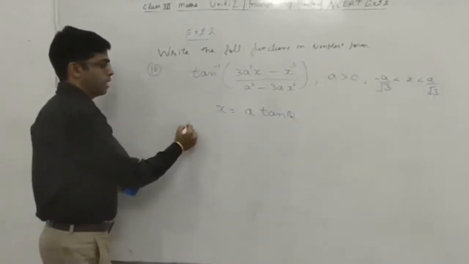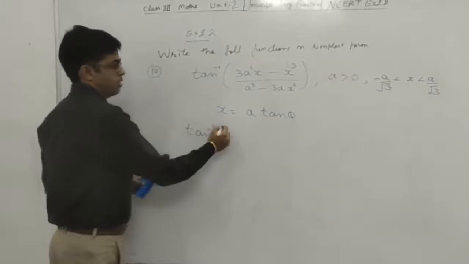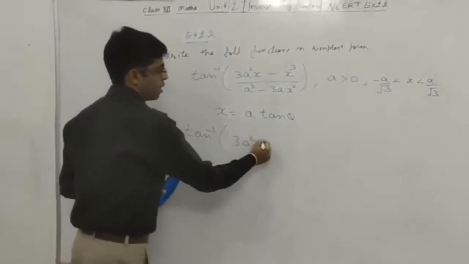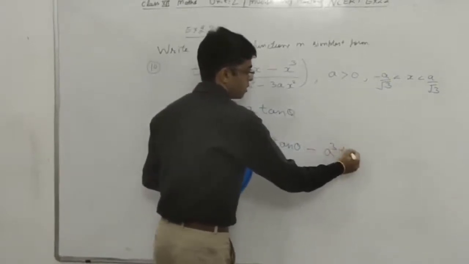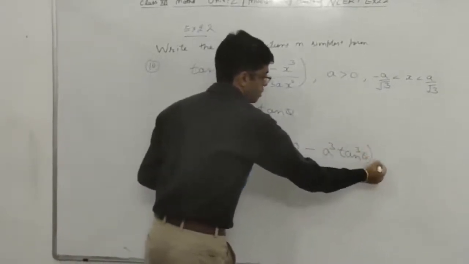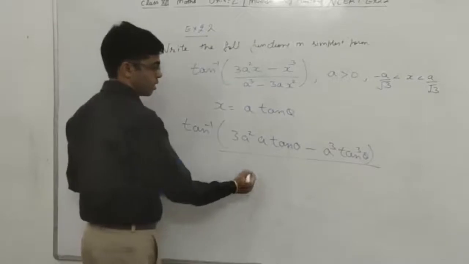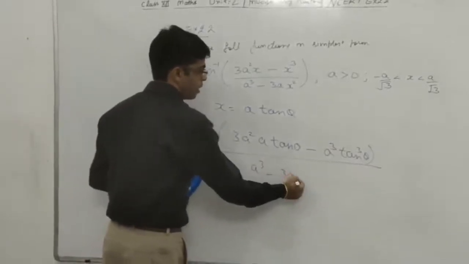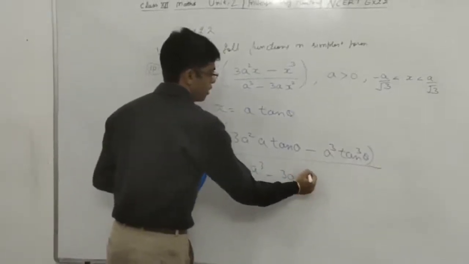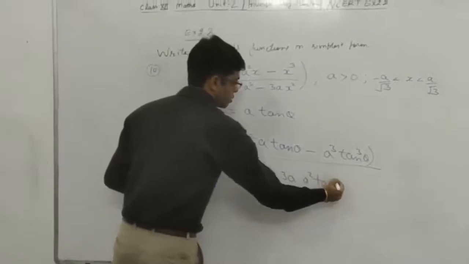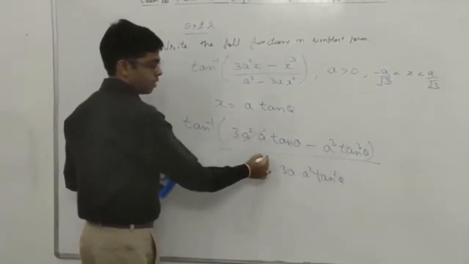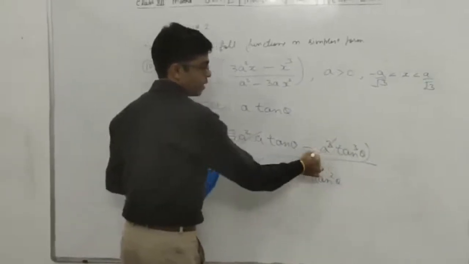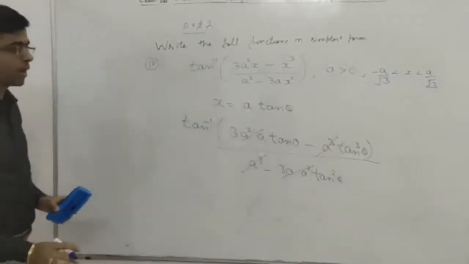So tan inverse of (3a² · a tan θ − a³ tan³ θ) upon (a³ − 3a · a² tan² θ). Here a³, a³, all the a³ can be cancelled out by taking common.